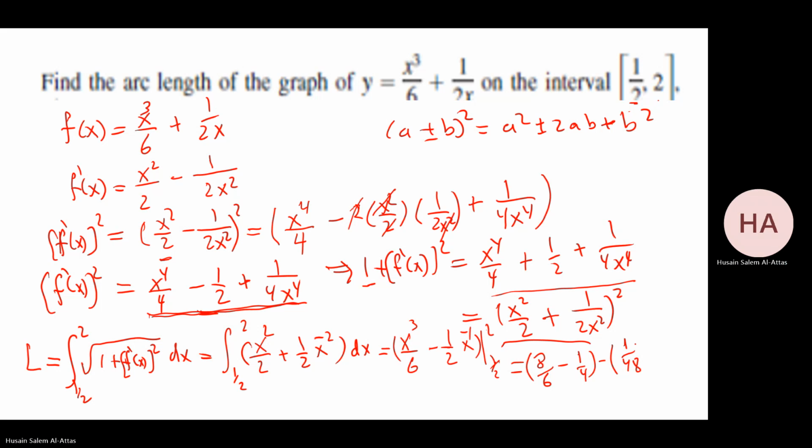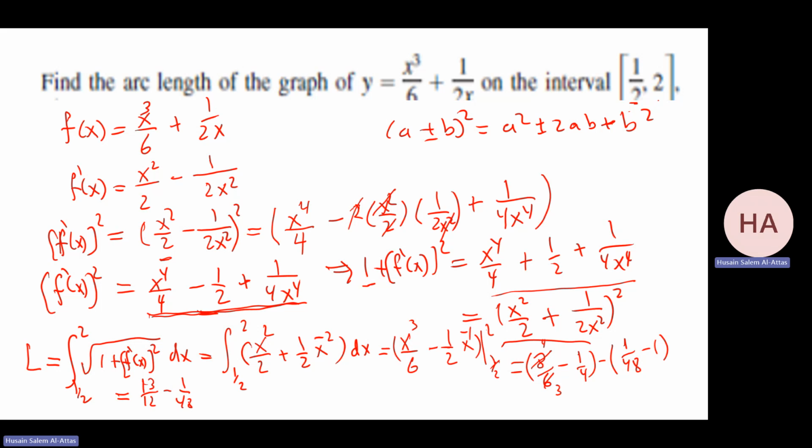Half, that will be minus 1. That will be what? 8 over 6. 8 over 6 is what? 4 over 3. So 4 over 3 minus 1 over 4. Don't want to waste time. That will be 16 minus 3, 13 over 12.